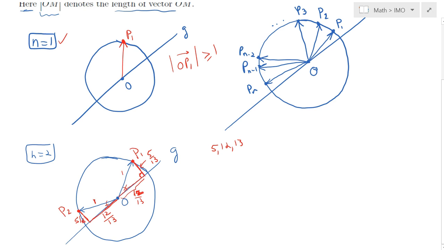But now my claim is that, so you have another right triangle here, I add two vectors using the parallelogram technique, right? So this would probably be a 90-degree angle with the line G. I claim that this vector will end up inside the circle, therefore the length would be less than 1. And why is that the case? Well, obviously this is a direct result of vector addition.